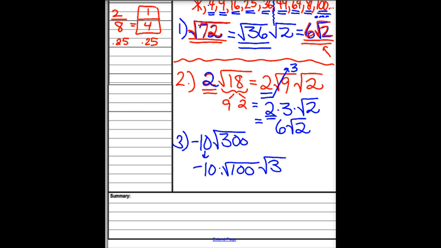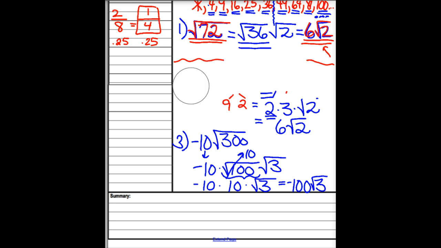The square root of 100, I know it's 10. So now I have the negative 10 that was out front, the 10 that I'm pulling out from the root 100, and a root 3 that nobody knows. So I get negative 10 times 10, and then I have square root of 3. So it's nice and easy when I throw a number out front. It really doesn't do much to my process.